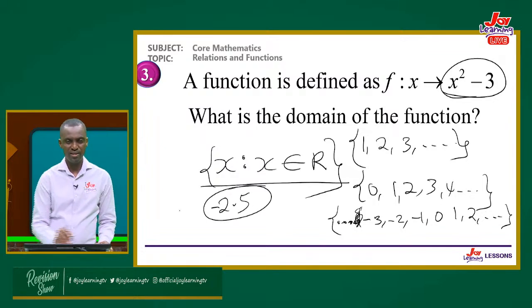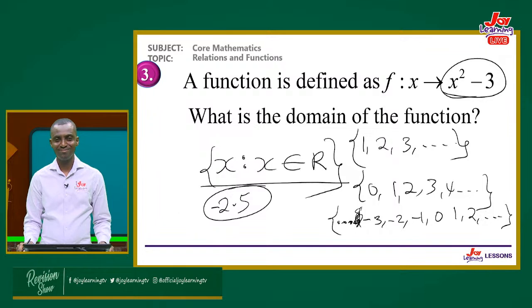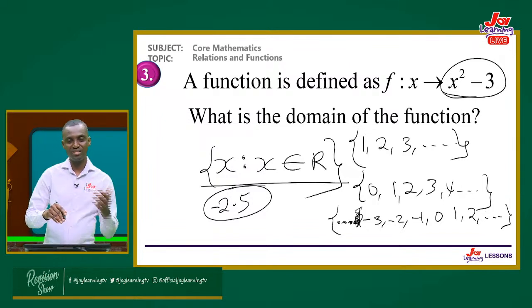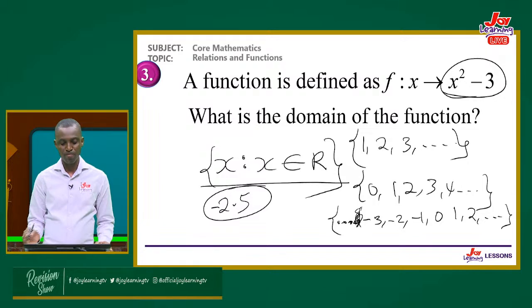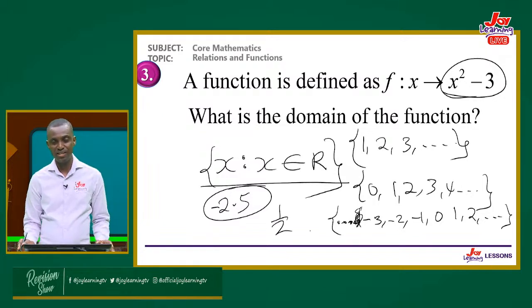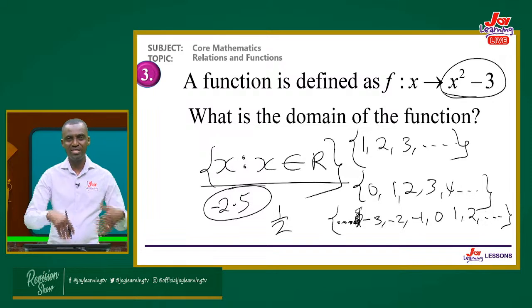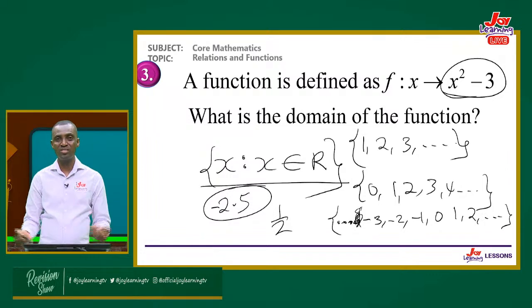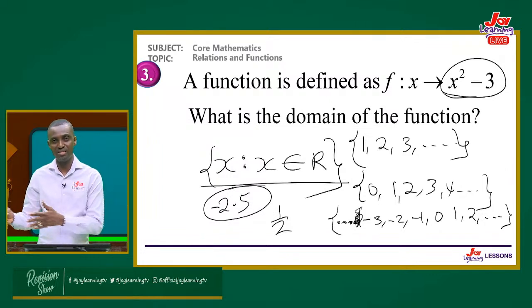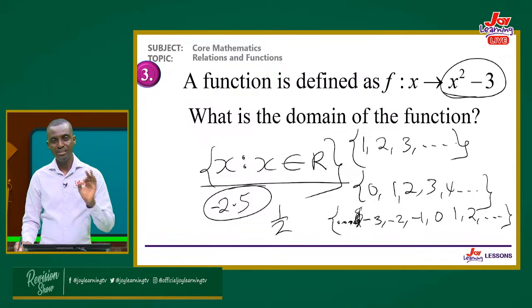And so -2.5, is it an integer? It's not, because it is not a whole number. We are saying integers are positive and negative whole numbers. So 2.5 is not an integer because it's not a whole number. Half is not an integer. Then when we bring this half, 2.5, all the decimal values into this existing set of integers, we create another set called rational numbers.